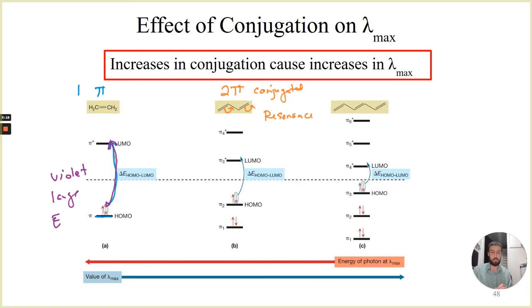What ends up happening is we'll get a slightly lower first pi level, and a slightly higher second pi level. And why is that important? Well, the gap between the HOMO and LUMO has now shrunk a little bit. So we're now going to need lower energy to make that transition. So we could move from purple light to, say, orange light. I think I wanted green, but oh well.